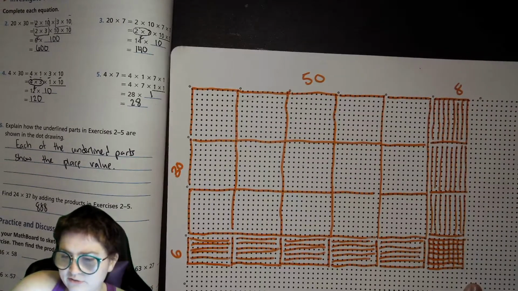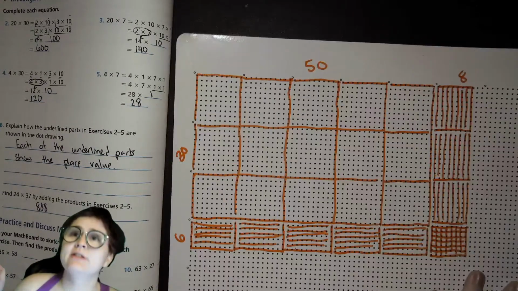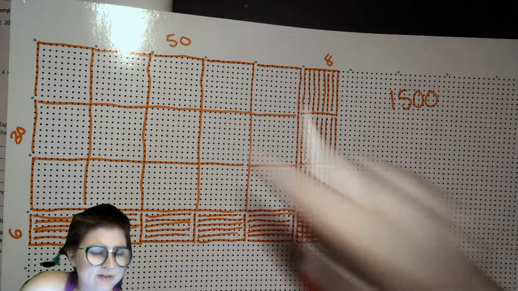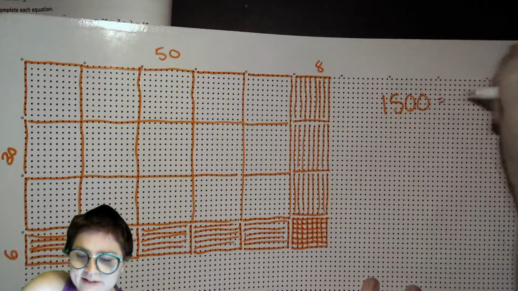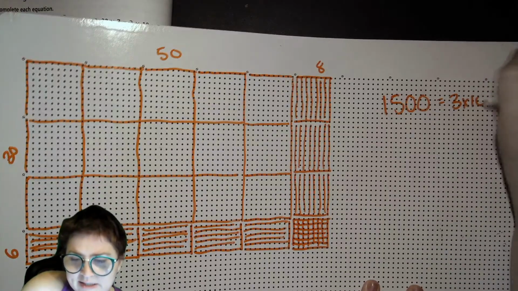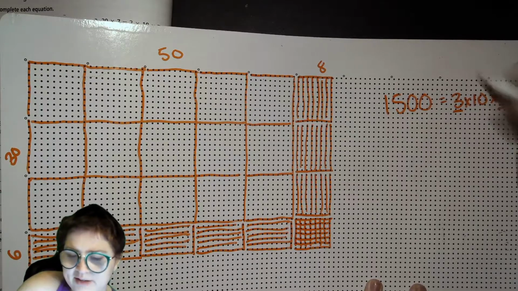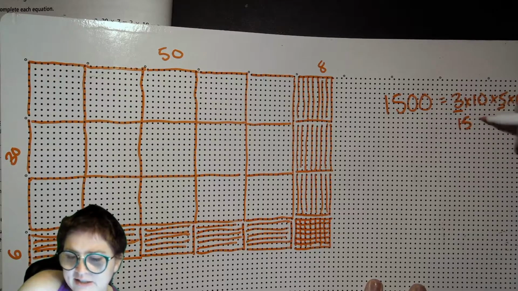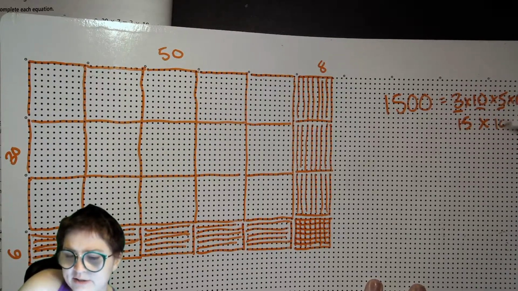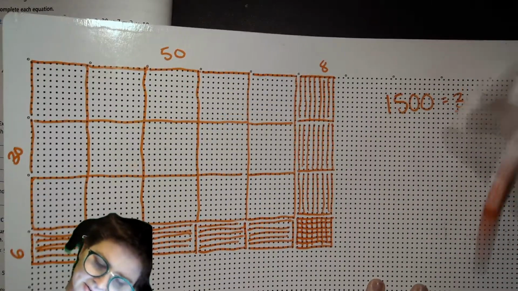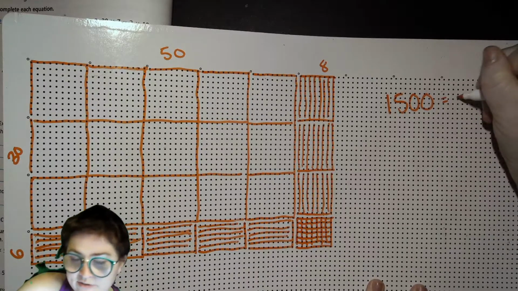So that's 15 hundreds. And you could also have thought that's the 3 times 10 times 5 times 10. 3 times 5 is the 15. And the 10 times 10 is the 100, right? So the 30 times the 50 is the 1500.